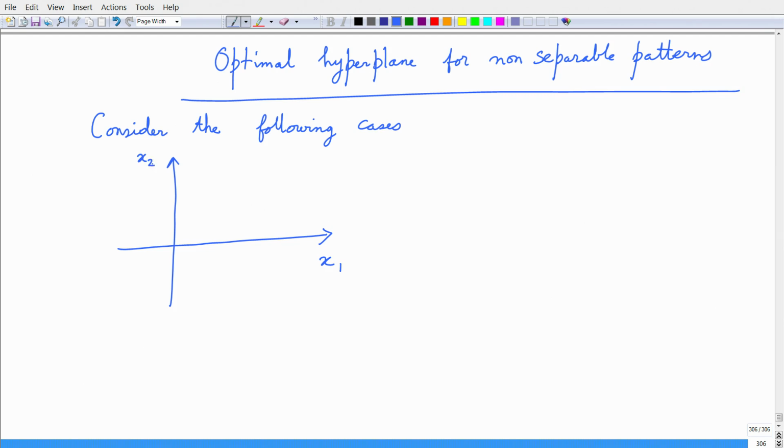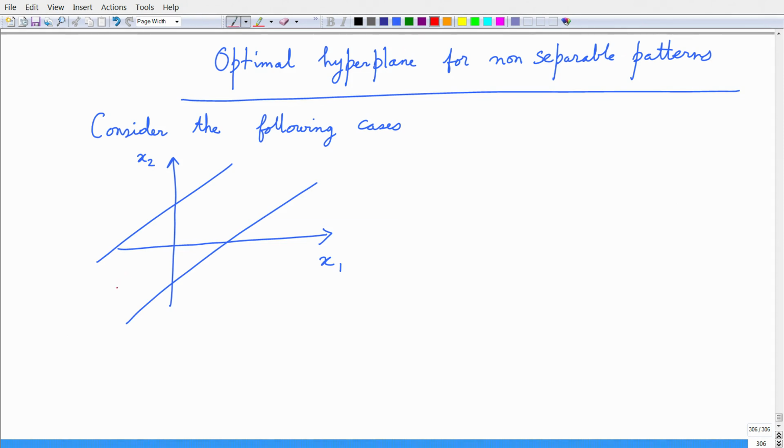I have a 2-dimensional plane here, the x1 x2 plane, and I can have points that lie in this configuration.